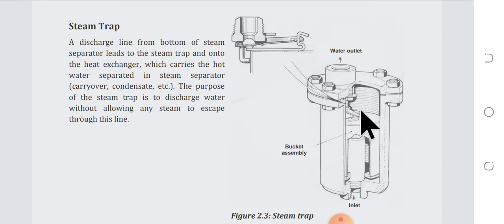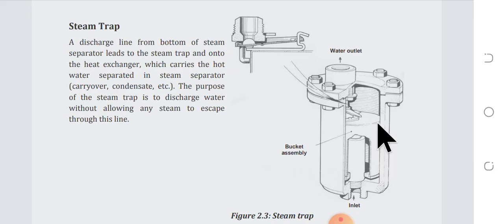When it comes to that position, this valve opens. Oh, sorry, I'm just confusing you. In this inverted bucket steam trap, the water is collecting in this position. This is the inlet position. The water is rising with the condensate, and you see the density of steam is less than water, so steam is always taking place upside.